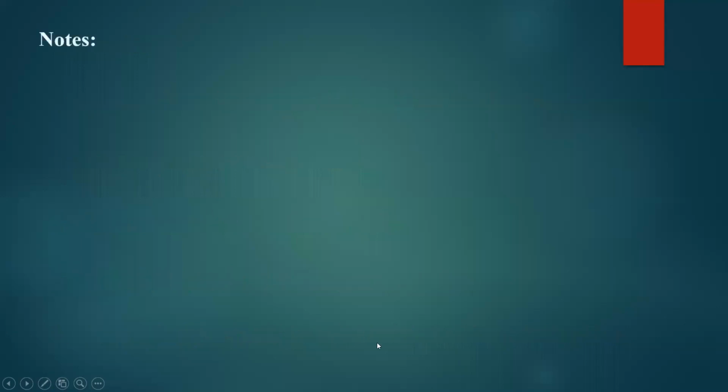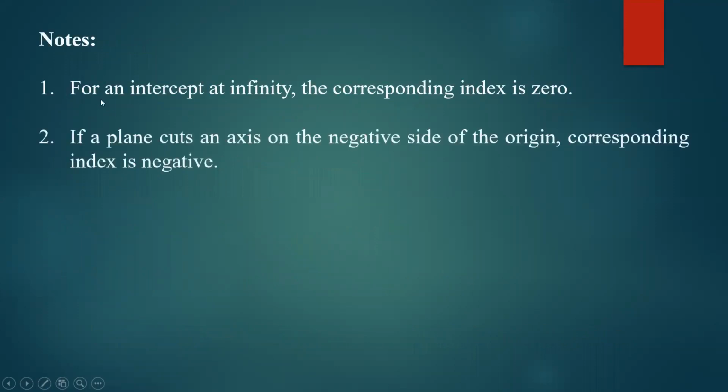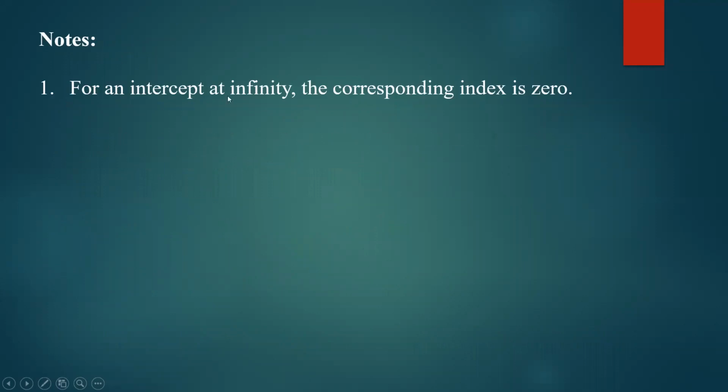I will take one more example. Before that, let us look at some important concepts behind Miller indices. Number one, for an intercept at infinity: suppose a crystal plane is parallel to some axis, say the x axis, so it has an intercept at infinity. Then what will be the Miller index for that axis?